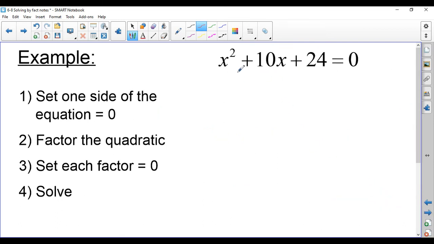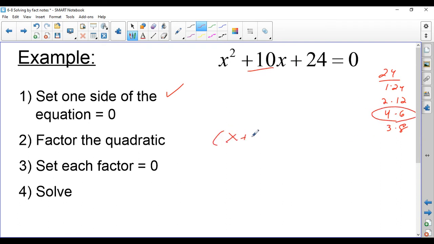Here's another example. x squared plus 10x plus 24 equals 0. Again, already set equal to 0. I want numbers that multiply to 24. 1 times 24, 2 times 12, 4 times 6, and I missed 3 times 8. The pair that adds up to 10, 4 times 6.